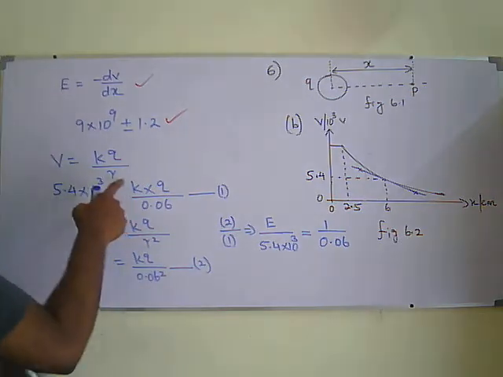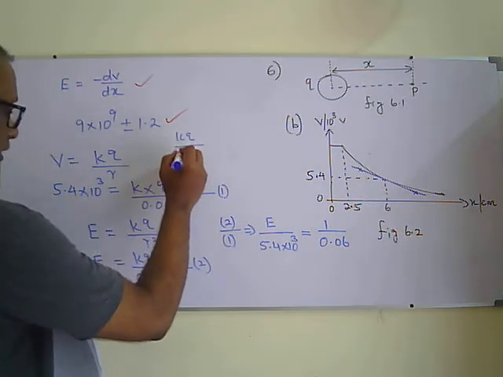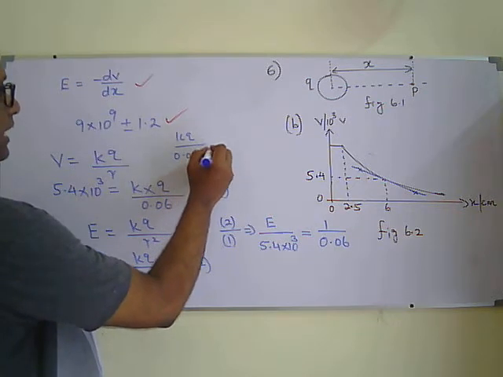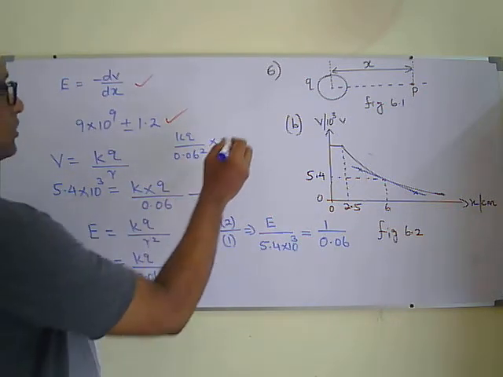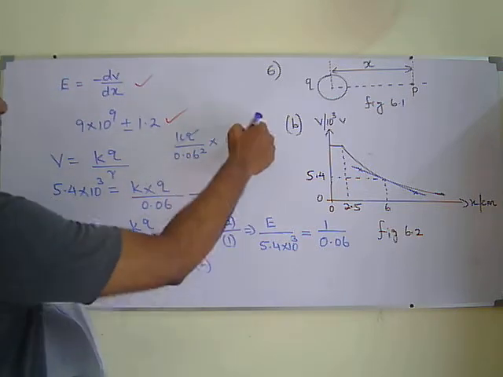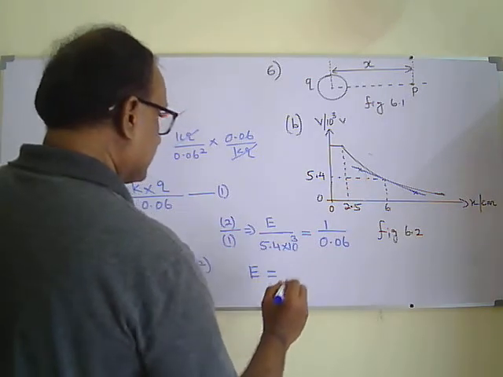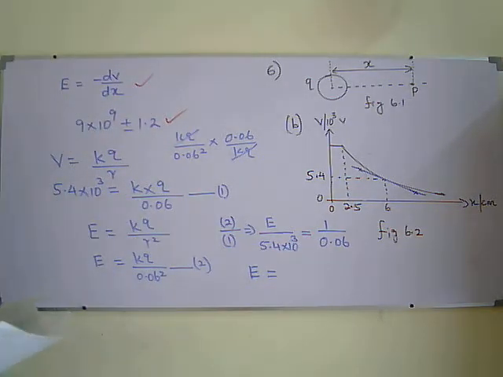So KQ over 0.06 squared into 0.06 over KQ: KQ will get cancelled, the square will get cancelled. So solve it, you will get the electric field strength.